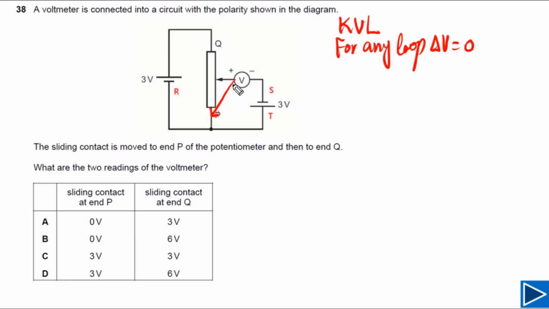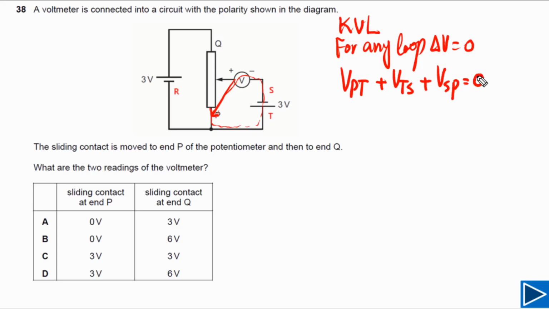First of all, let's consider when the sliding contact is connected at NP and try to find the voltmeter reading. In this case, we will consider this loop. In this loop, you can see the potential difference between P and T, VPT, and the potential difference between T and S, VTS, and the potential difference between S and P, VSP.